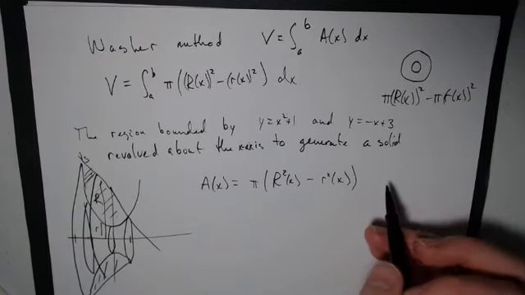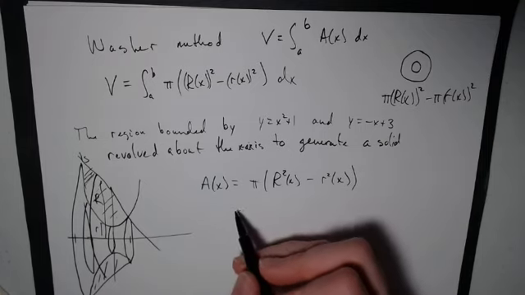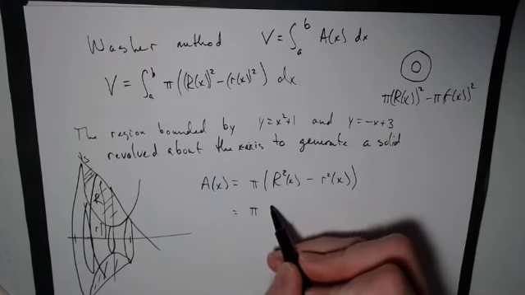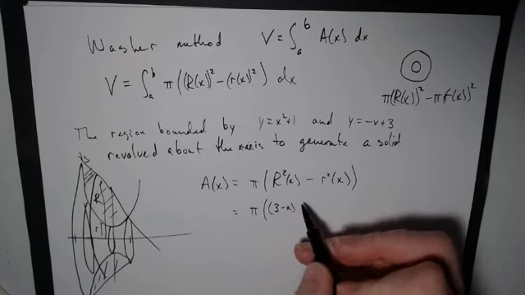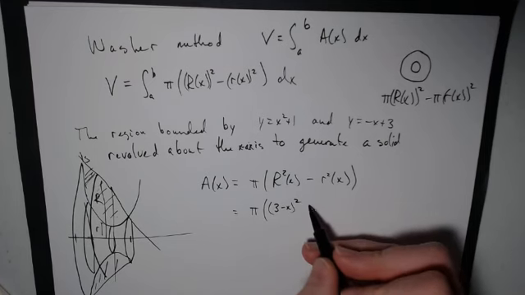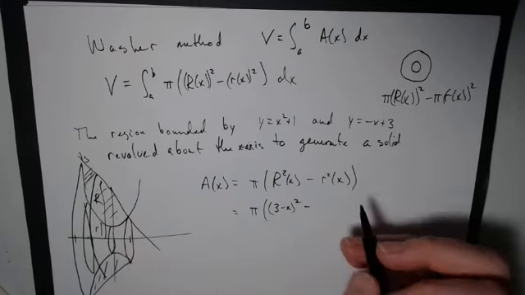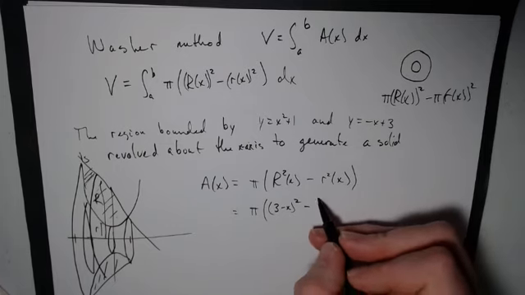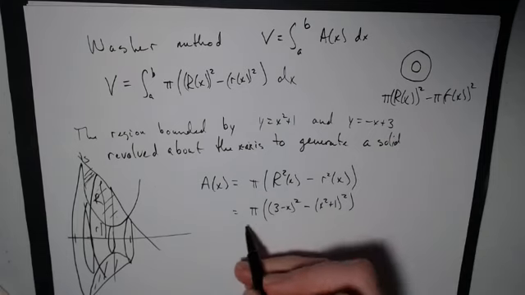All right, so big R is what? Well, it's our line. So this is equal to pi times, I'm going to call it 3 minus x, you can call it negative x plus 3 if you'd like, squared. And then little r is what? Well, that's our parabola. So that is x squared plus 1 squared.